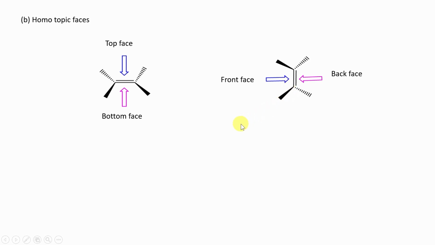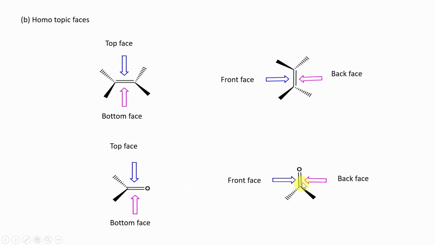Similarly, in the case of a carbonyl group, it is the top face of the C double bond O, and it is the bottom face of this C double bond O. Similarly, it is the front face of C double bond O, and it is the back face of the carbon-oxygen double bond.